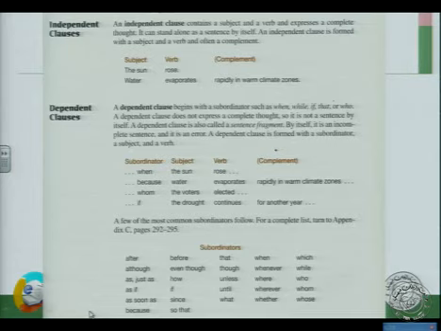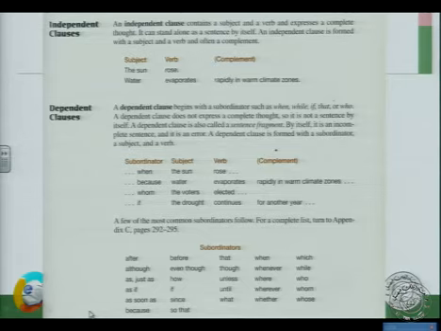As you can see here, this is another definition, an interesting definition of independent clauses. An independent clause contains a subject and a verb and expresses a complete thought. It can stand alone as a sentence by itself. An independent clause is formed with a subject and a verb and often a complement.